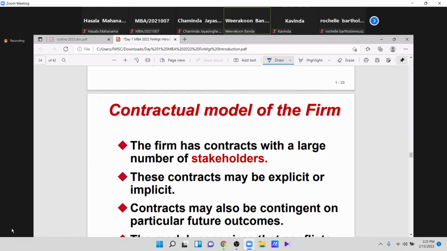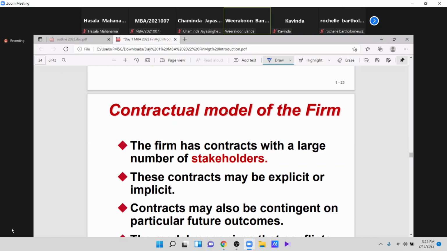Because there are a large number of shareholders, no one can be physically involved in the business operations. Then they can select some particular directors as a board of directors. And then the board of directors acquires different managers, production manager, marketing manager, etc., in order to perform different areas.